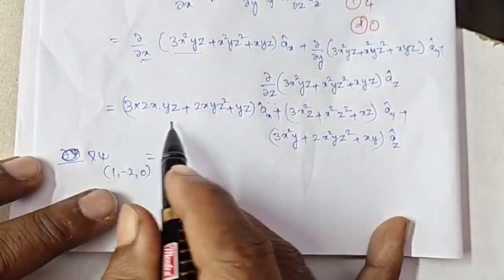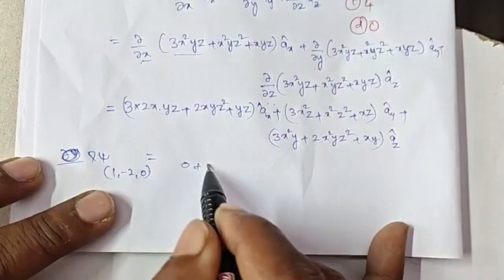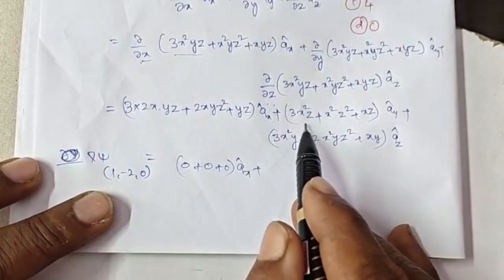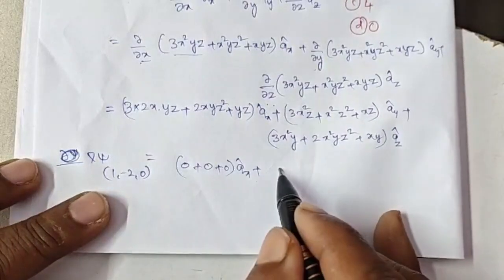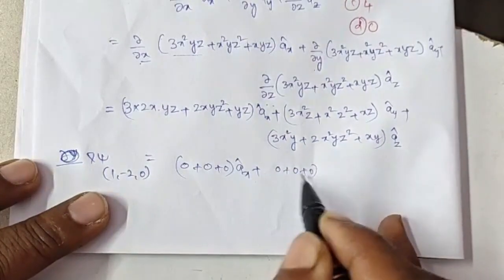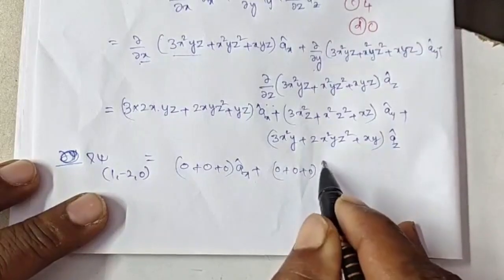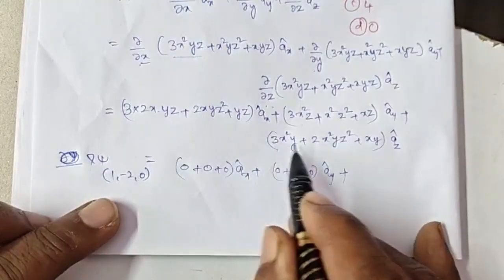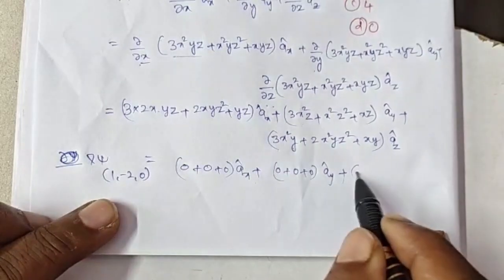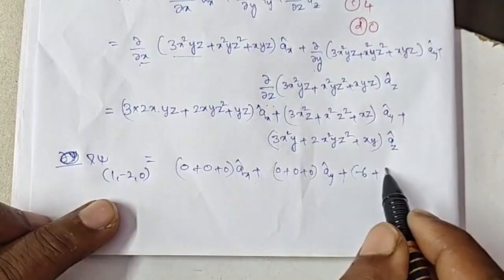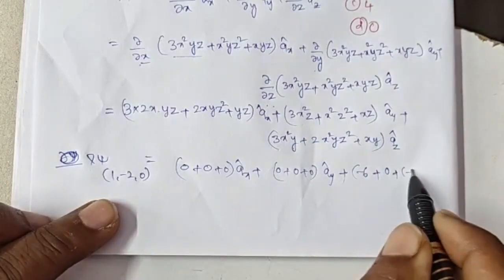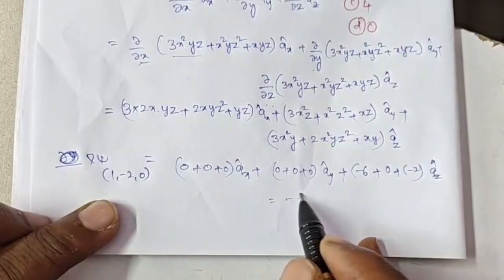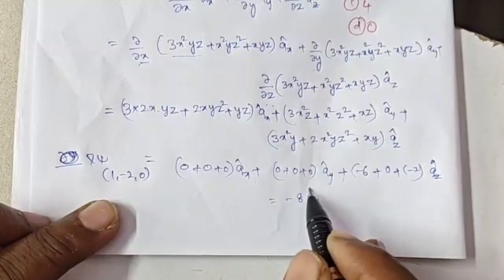If I substitute here, this first term will be 0 plus 0 plus 0 ax cap. Second also it is 0. In all places z will be there, so if we substitute z equal to 0, then all the terms become 0. Here x equal to 1, y equal to minus 2. So overall it is minus 6 plus 0 plus minus 2 az cap. So overall it is minus 8 az cap.